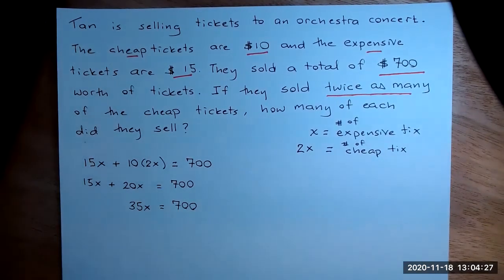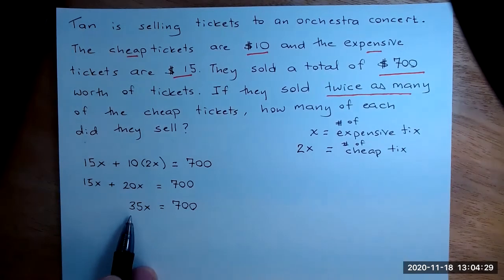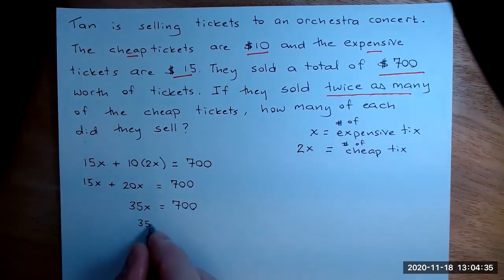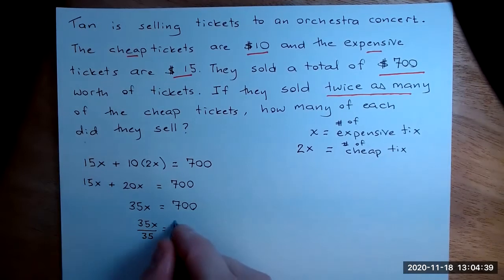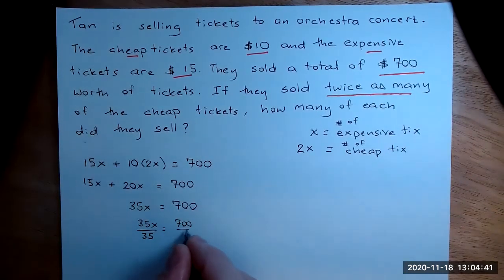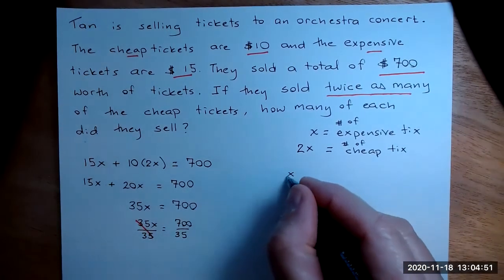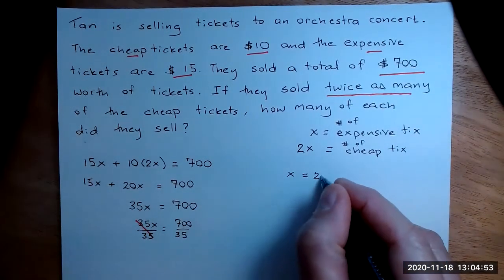And then in order to isolate x, we'll divide both sides by the coefficient of x, which is 35. 35x over 35 equals x. 700 divided by 35 is 20.